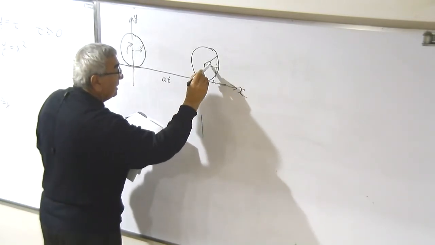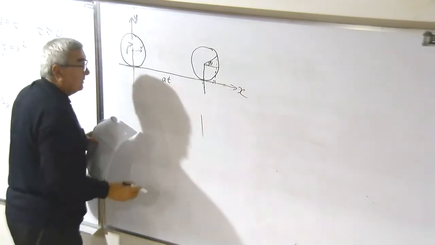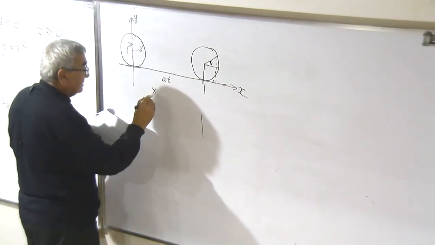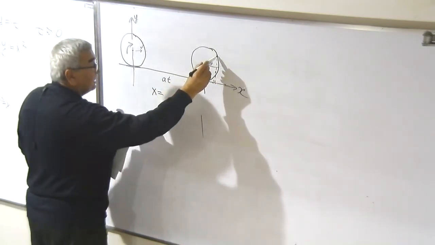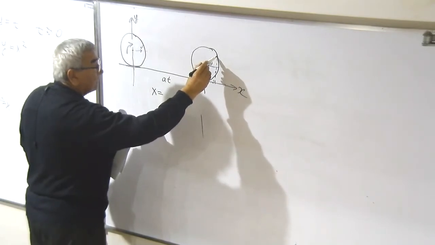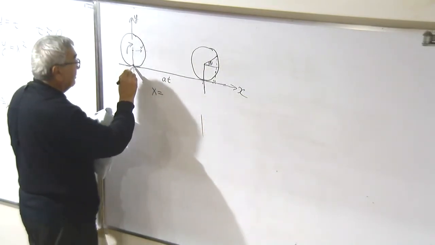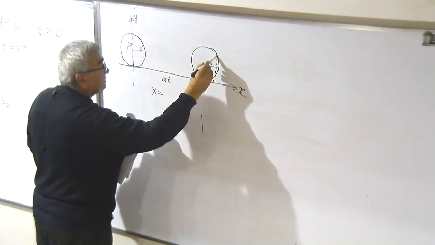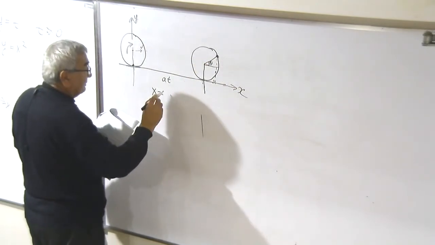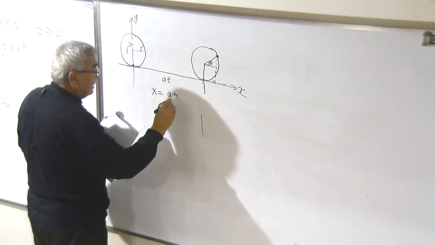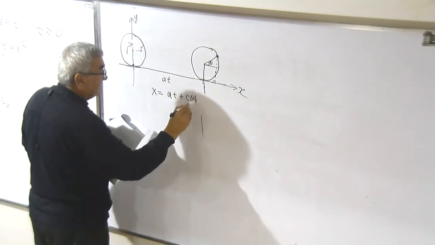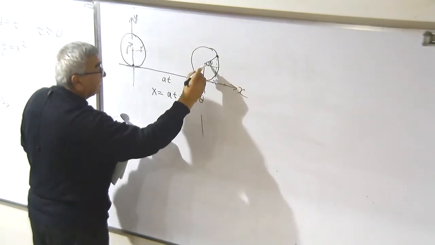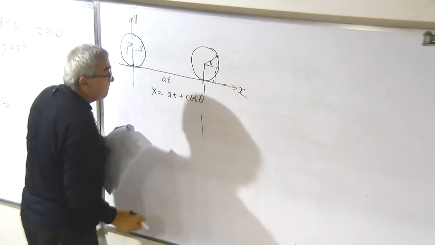If I take this angle as theta, then the x coordinate of this point will be equal to AT plus cos theta.